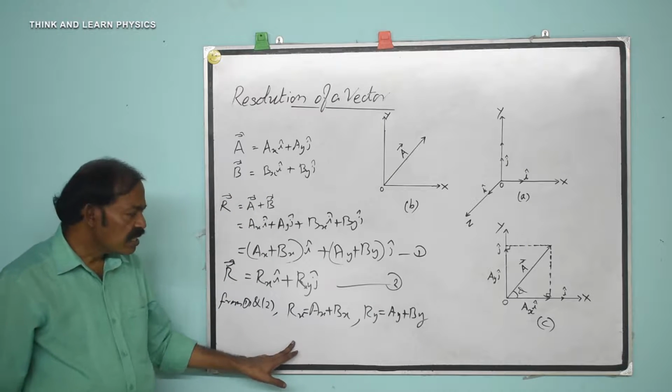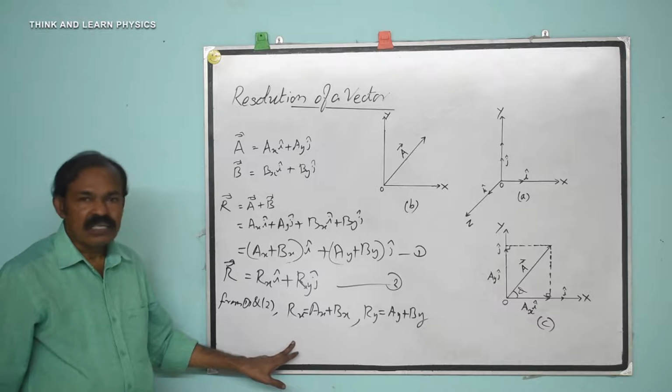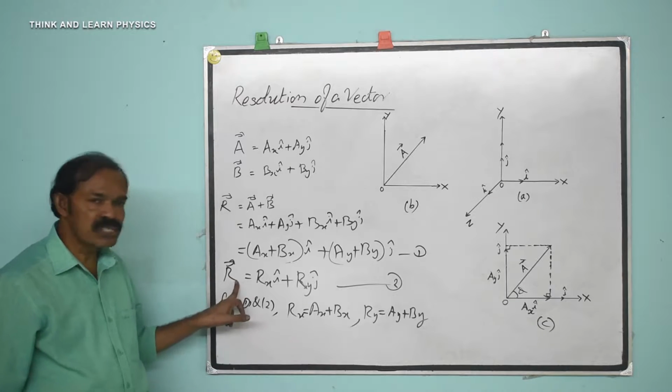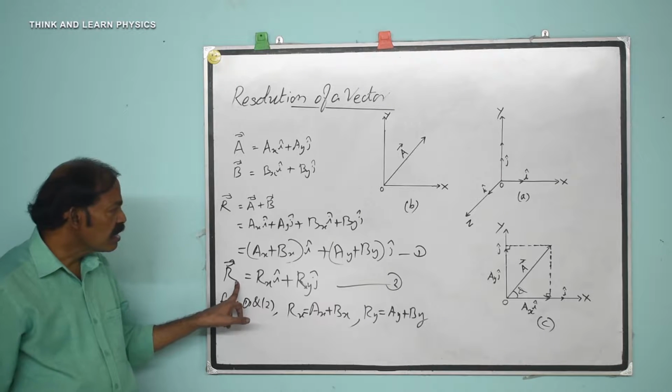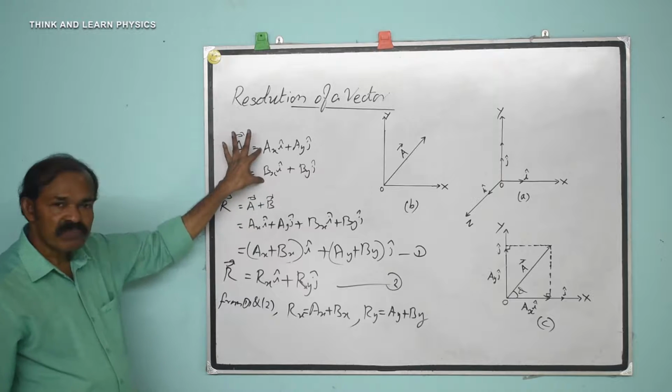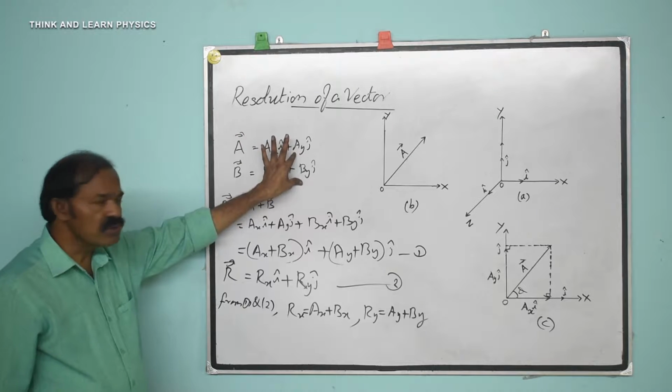From this, it is clear that the x component and y component of the resultant vector is obtained by adding the x components of the given two vectors and the y components of the given two vectors.